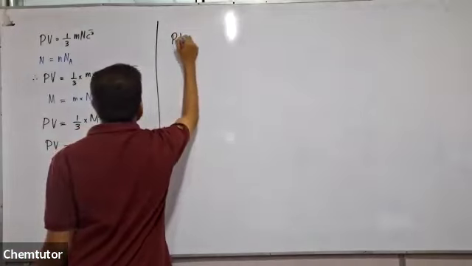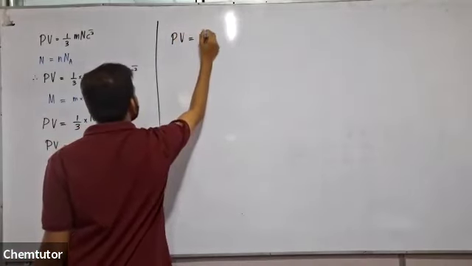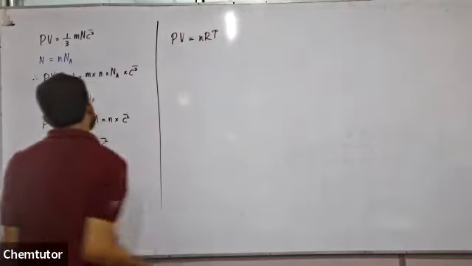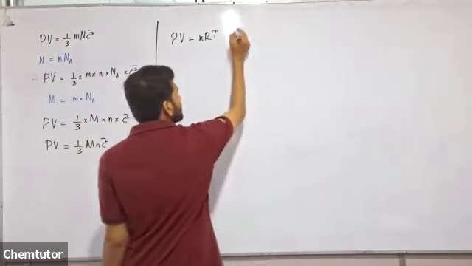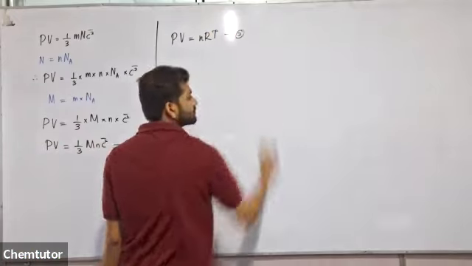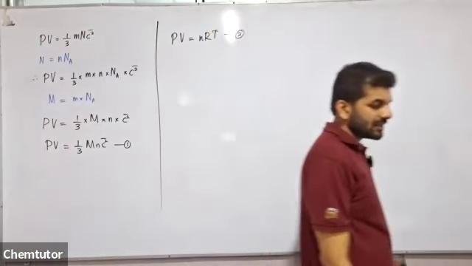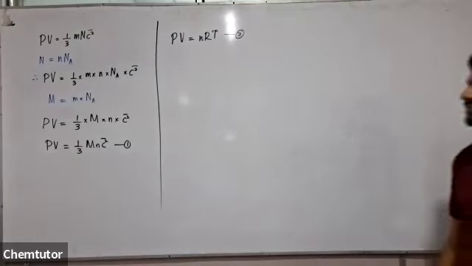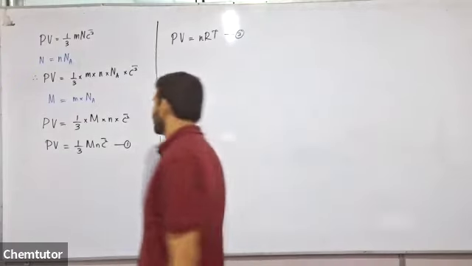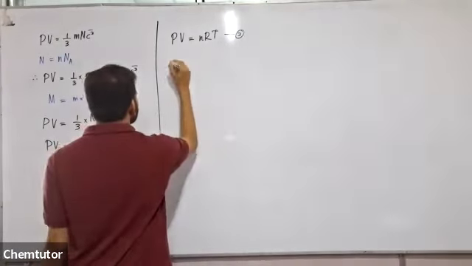Then there's another relationship, the ideal gas equation: we know that PV equals nRT. Let's take this as the first equation and this as the second equation. Is it clear? Then we can equalize 1 and 2. Why? PV is a common thing. So 1 equals 2.